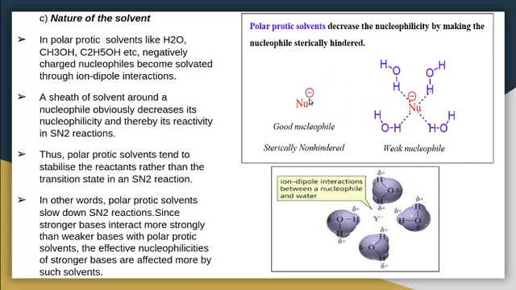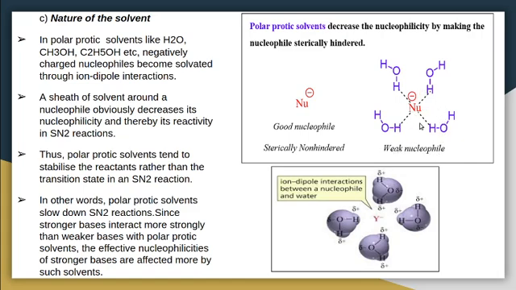Here you can see, if we use a good, sterically non-hindered nucleophile, and if we use a polar protic solvent, that decreases the nucleophilicity by making the nucleophile sterically hindered. So we are using a good nucleophile that is sterically non-hindered, but when we use a polar protic solvent like water, it makes hydrogen bonding with that nucleophile and makes it a weak nucleophile.